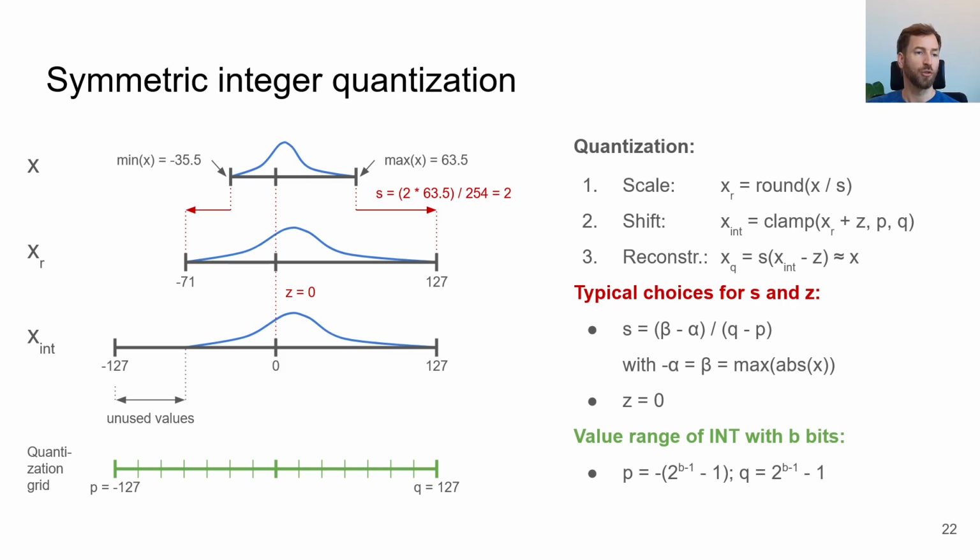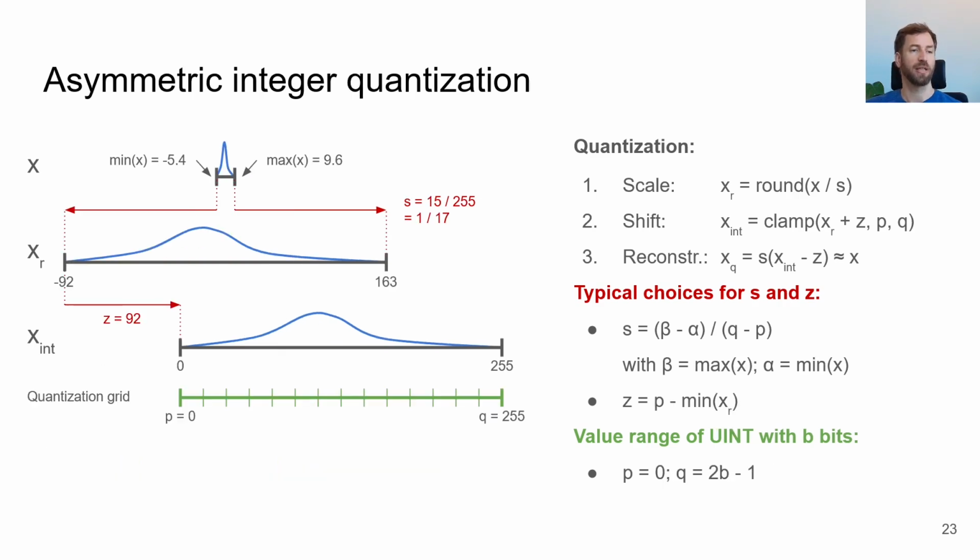If you look at the two bottom rows on the left-hand side, you will notice that some quantization levels of the quantization grid are not used. And to mitigate this shortcoming, let's have a look at asymmetric integer quantization. So here again, we start with the data distribution at the very top.